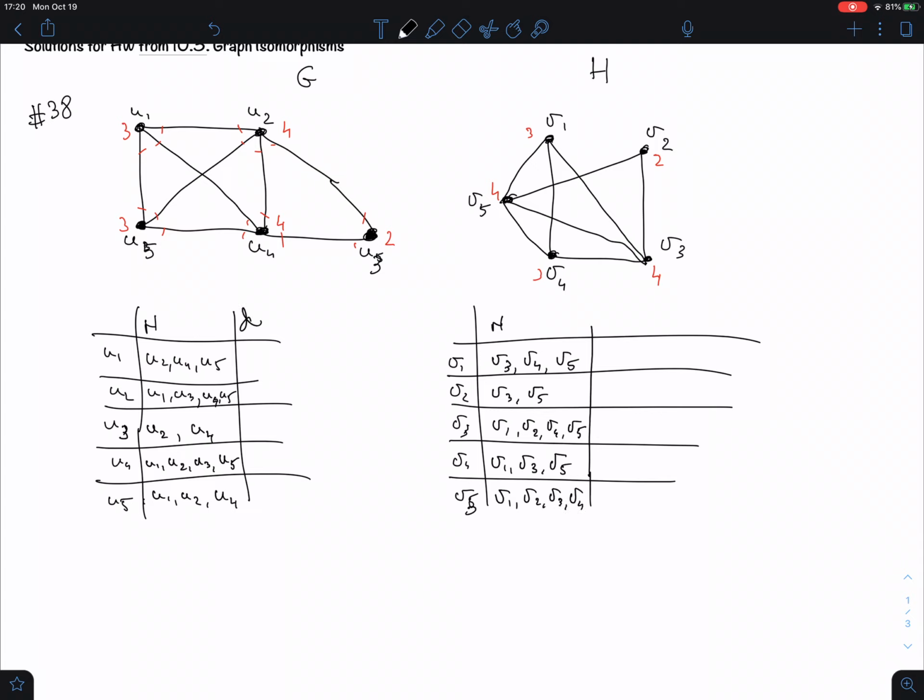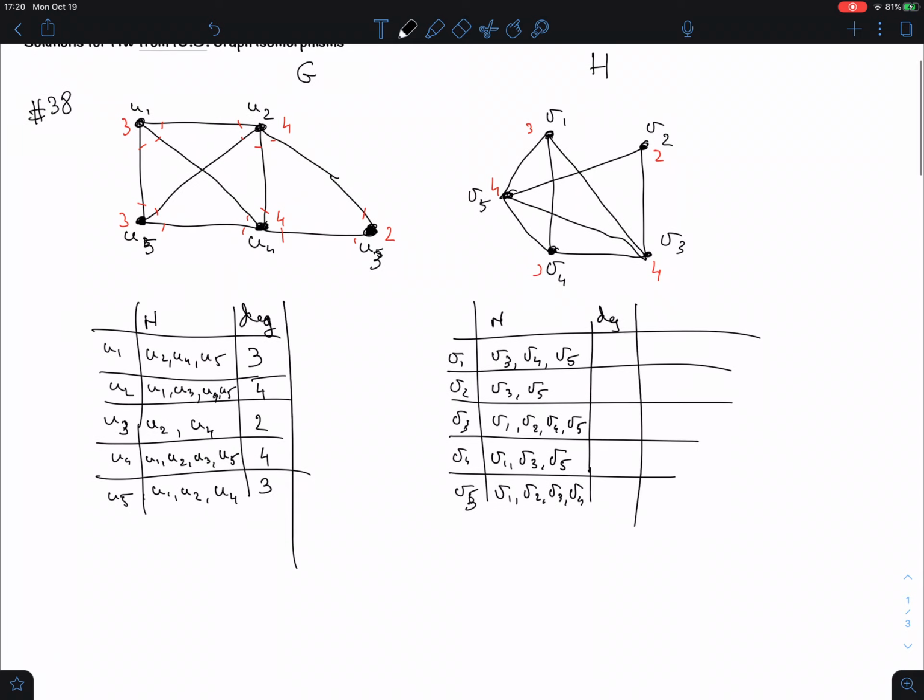So the degrees, just recalculating the degrees, which we did already, 3, 4, 2, 4, 3, and here the degrees are 3, 2, 4, 3, 4. Okay, so we cannot conclude anything from there. I'm going to put again a dividing line here so that we don't get our things messed up.